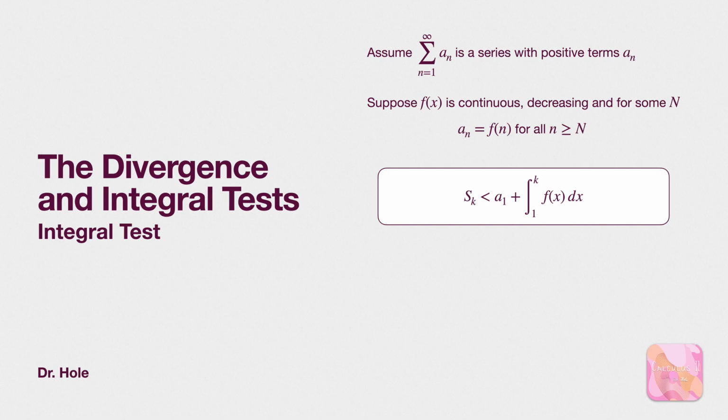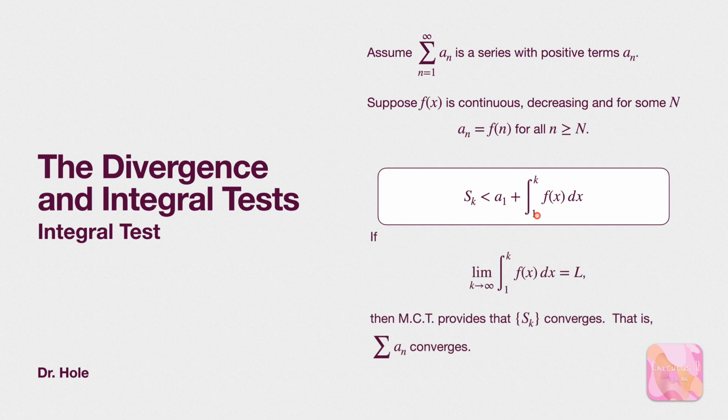So this will always be true. Then if we have that this integral actually converges to a value, then the kth partial sums are bounded above.